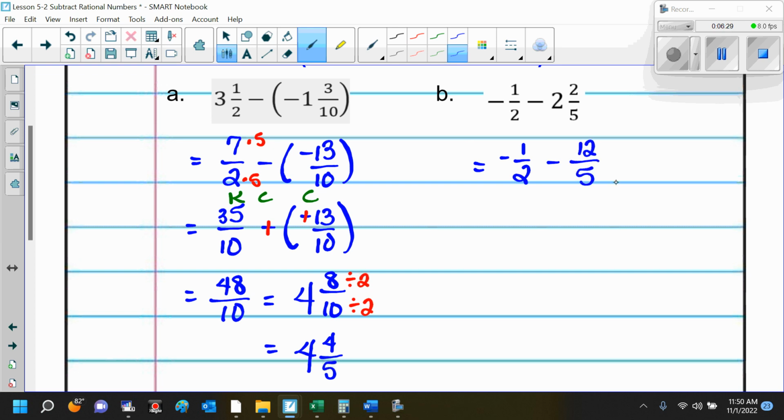So now we want a common denominator. What's the common denominator with 2 and 5? Again, it's 10. So here we're going to multiply times 5 here and 5 there. And on the second fraction, we're going to multiply times 2 and 2. Make sure you're showing you're multiplying in the numerator and the denominator. Okay? So my first fraction then is going to be what?